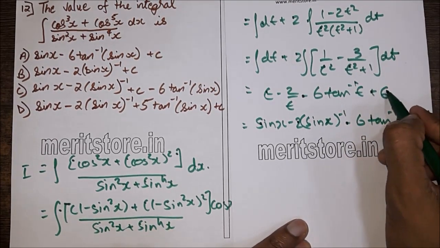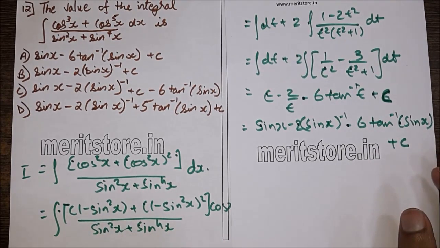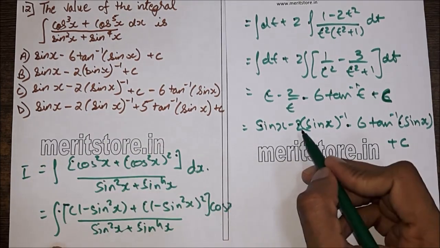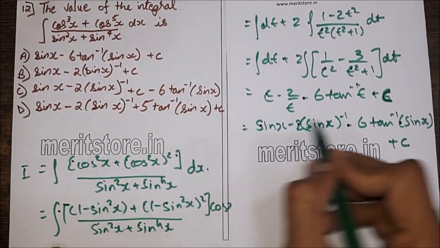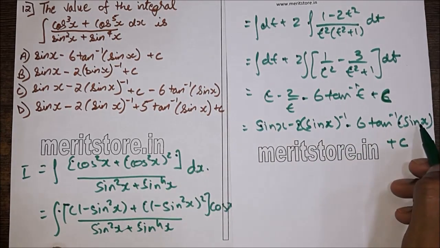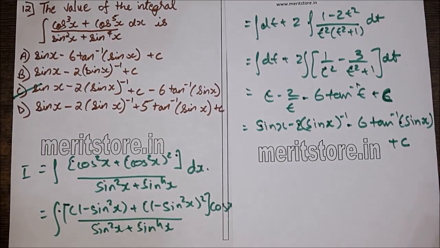Sorry, this is plus c, which is our answer, and it matches with option C. We see sin x minus 2 sin inverse x plus 6 tan inverse sin x plus c. Therefore, option C is the correct answer.